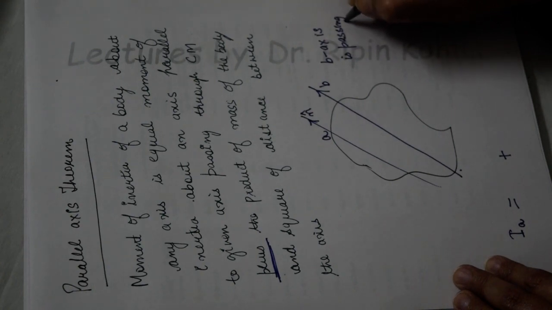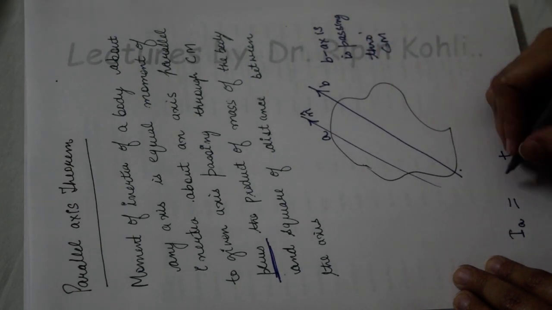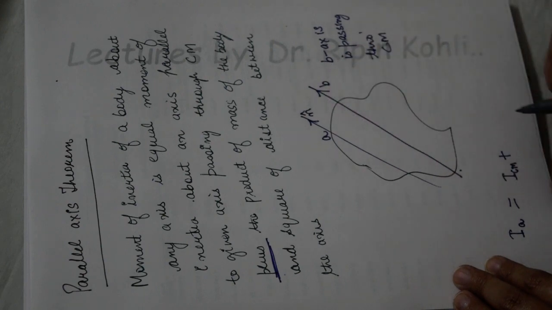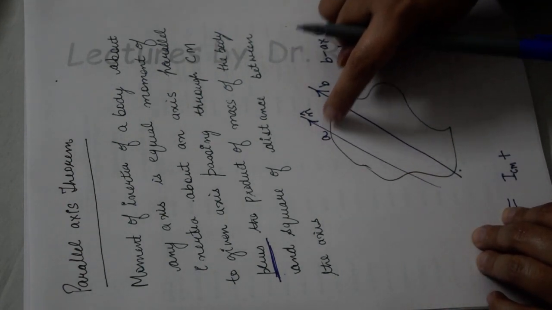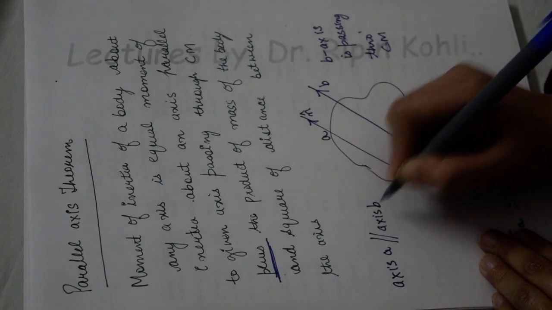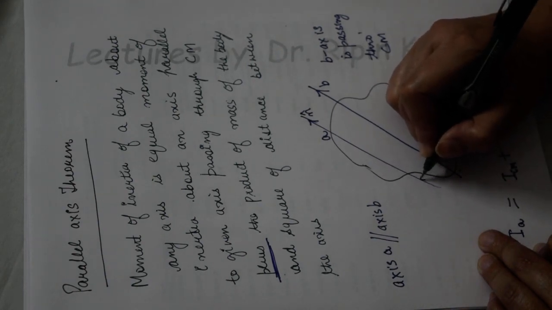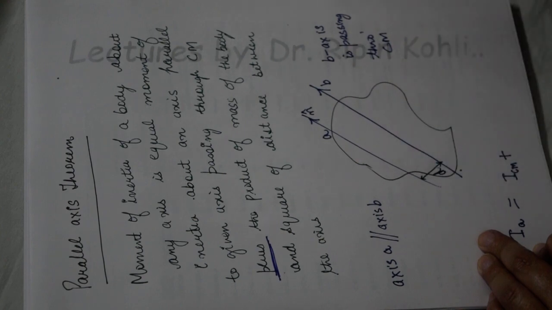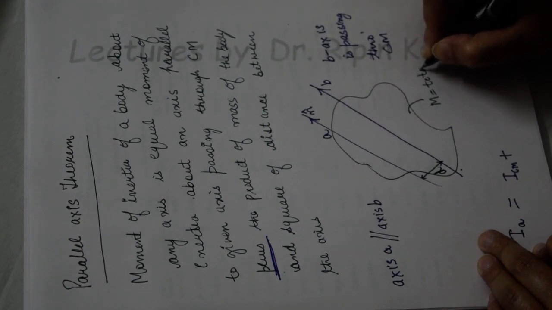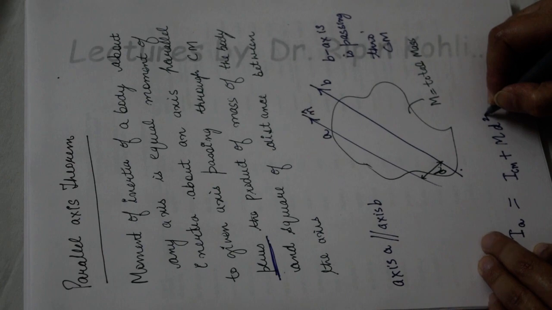I write it as I_cm, because it is the moment of inertia about an axis passing through the center of mass, keeping in mind that axis A is parallel to axis B, plus, if D is the perpendicular distance between the two axes and M is the total mass of the body, it will be plus MD square.